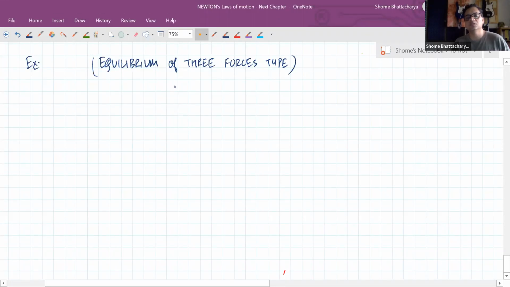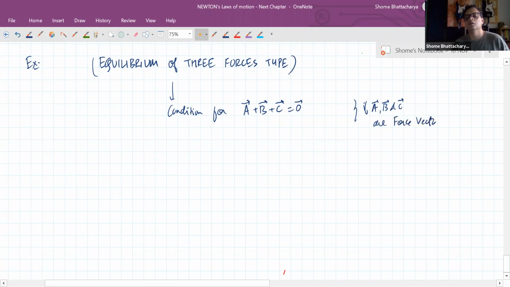Okay. So this is basically about the condition for the sum of three vectors a plus b plus c to be equal to 0. Okay. So for example, if a, b and c are force vectors, okay, then this is the equilibrium condition, because net force 0 means equilibrium. Okay.